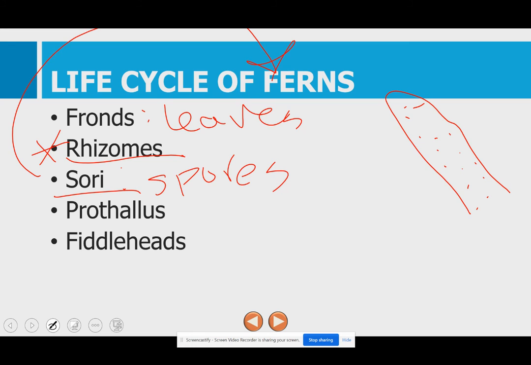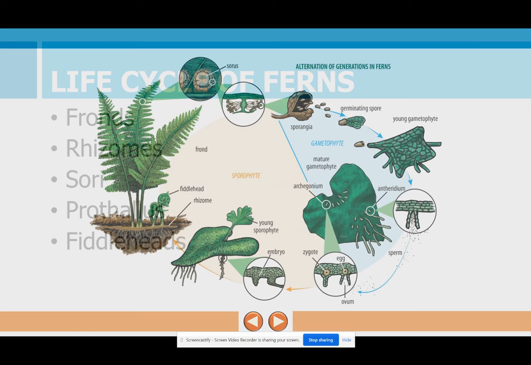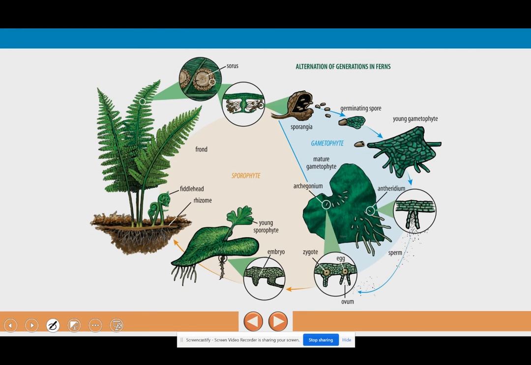Now, those spores will start to germinate, and the spores will turn into the prothallus, which is kind of heart-shaped. Here's a better picture because you guys know I'm not an artist. Here's our fern frond. On the underneath, you've got those brown spots, all the sori. They have the sporangia, which produce the spores.